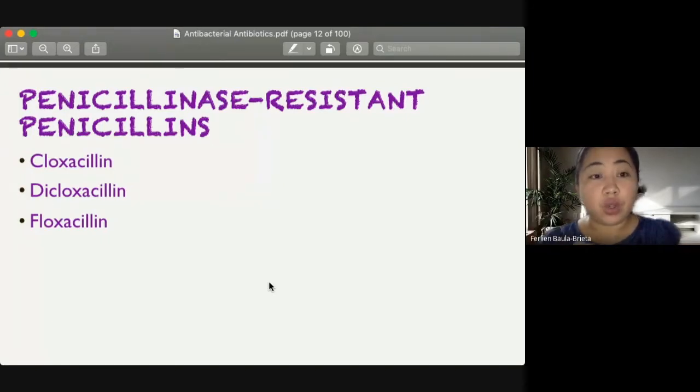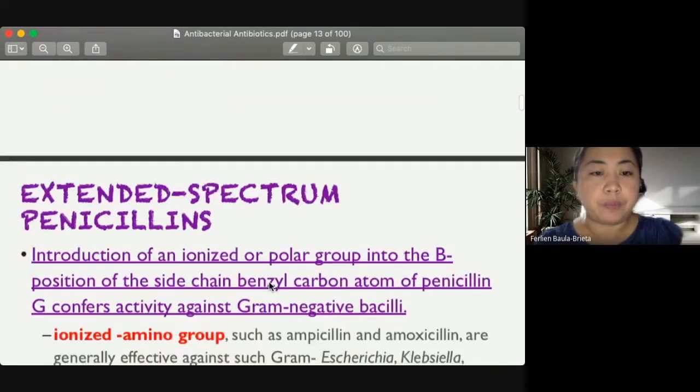Later on, I will ask you how they differ from each other. What made oxacillin become cloxacillin, and later on, we produced dicloxacillin and flucloxacillin? It was the unique element that made our oxacillin resistant against the penicillinase enzyme of our bacteria.